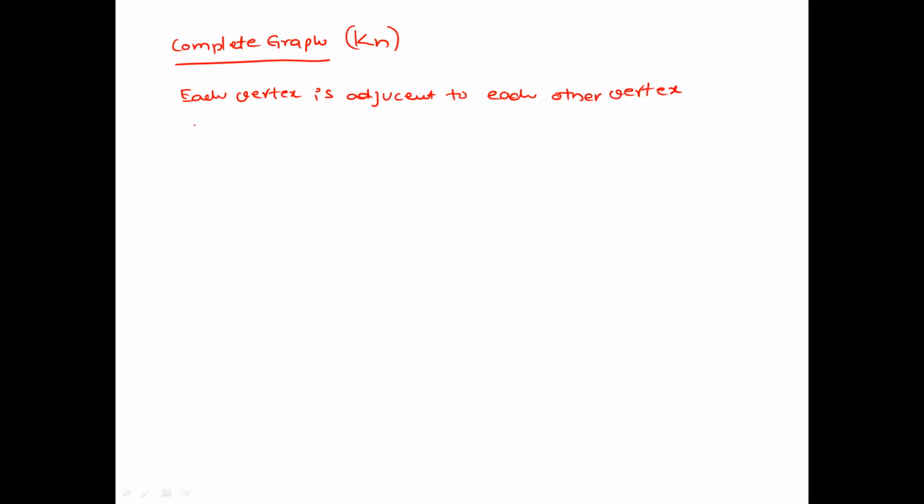Each vertex is adjacent to each other vertex. Now suppose we take K3, so this is K3: 3 vertices, each vertex adjacent to each other vertex. K4, this is K4, 4 vertices where each vertex is adjacent to each other vertex. Now, tell me whether K5 is planar or not. Just try and tell me right now.